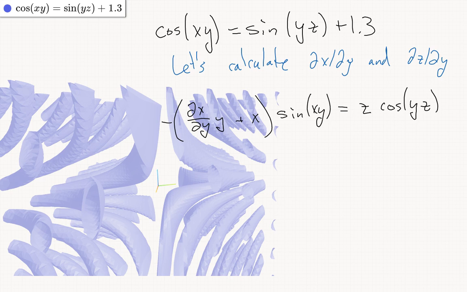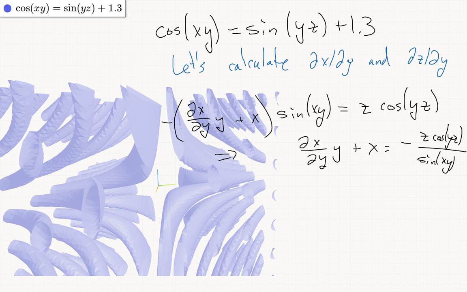yz. And now we solve, so that gives us del x over del y times y plus x equals negative z cos yz over sine xy.